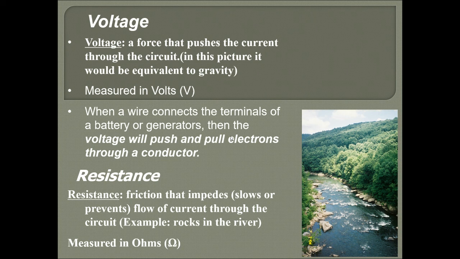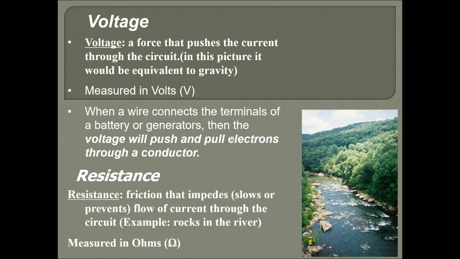So when you look on your AA, AAA batteries, they say 1.5 V or 1.5 volts. That is the amount of force that battery has. It has 1.5 volts of force to push current through the circuit. Okay, so whenever a wire connects to terminals of a battery or generators, the voltage will push and pull electrons through the conductor or through the wire.